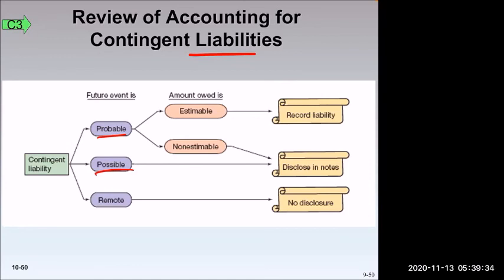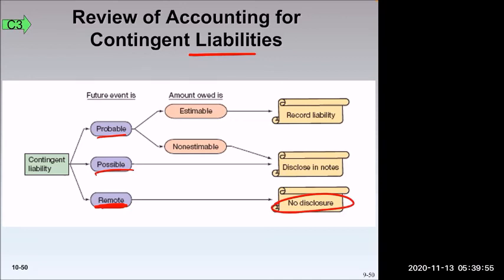If it's remote, like it's just sort of a joke and there's no chance this thing's going anywhere, I don't need to do anything with it. There's no disclosure.